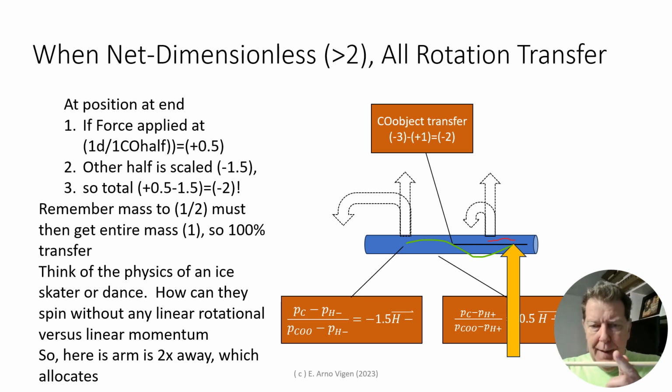If you look at this spacing, if I move out 1.5, I'm going to be 1/2 away from the current one, and I'm going to be 3/2 away from the far one. The 3/2 minus the 1/2 is 2. That means I have enough mass applied to this one item that it's going to make 100% transfer to the object.